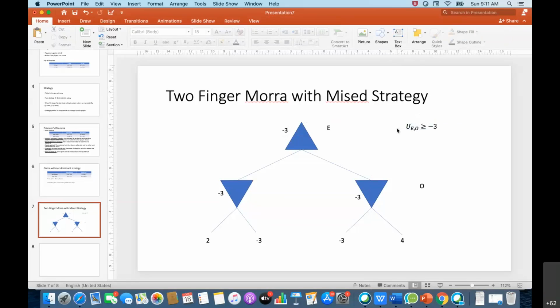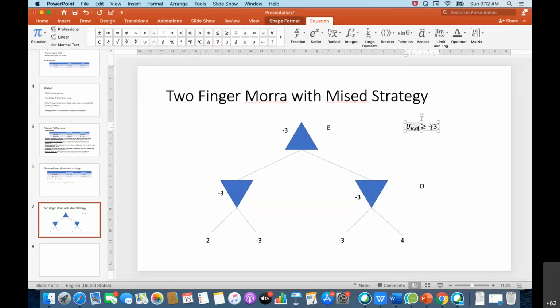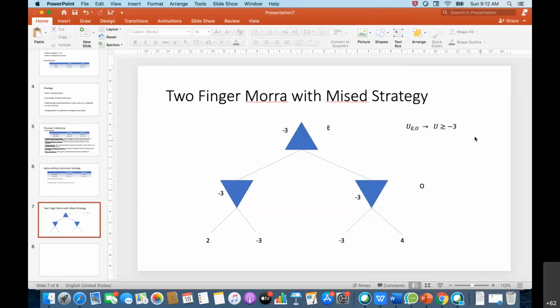Here whatever we have represented, that is u of E comma O, should have a minimum value of -3. So we can say that the value of the total utility should be greater than or equal to -3.